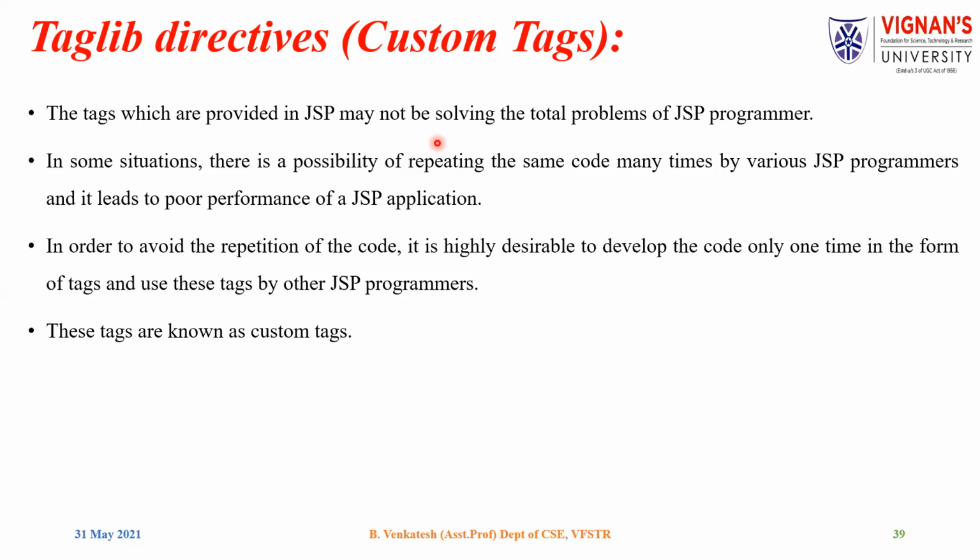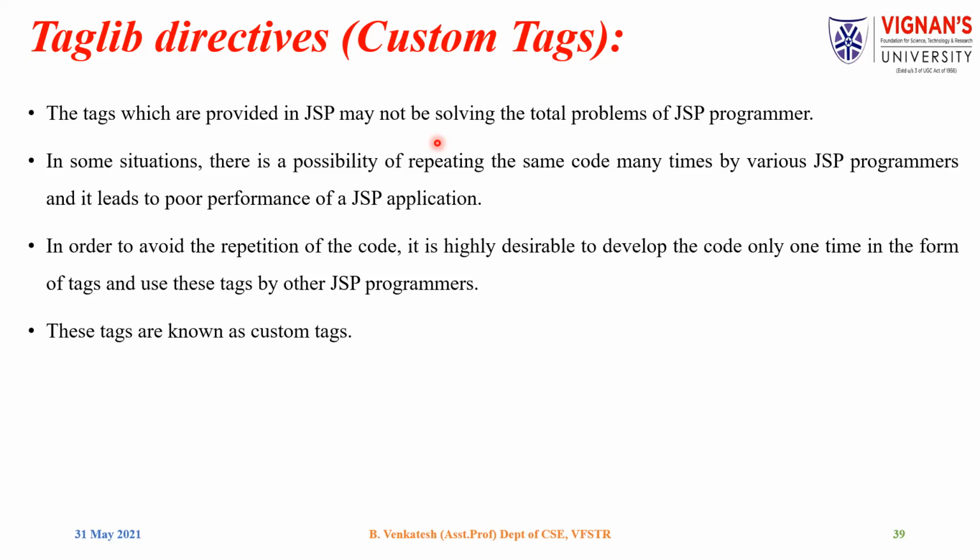In order to avoid the repetition of code, it is highly desirable to develop the code only one time in the form of tags and use these tags in other JSP programs. Instead of writing the same code every time, we use this taglib concept to reuse one particular piece of code in other JSP programs also.